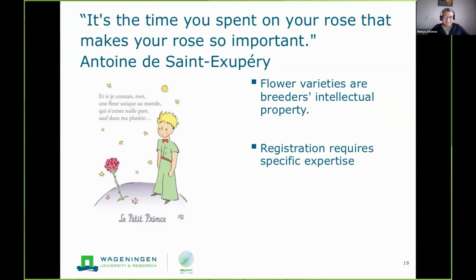And the registration typically requires very specific expertise: people have to receive samples of the flowers from the breeders, analyze them for novelty, make notes. But this can be difficult if there's a very large volume being produced.